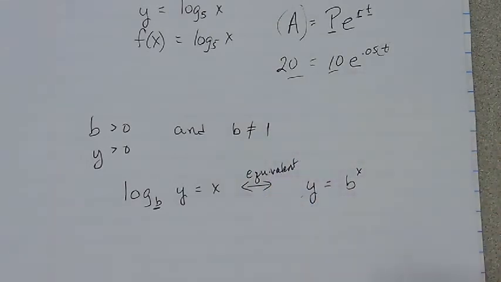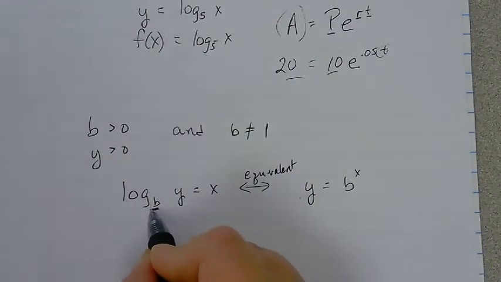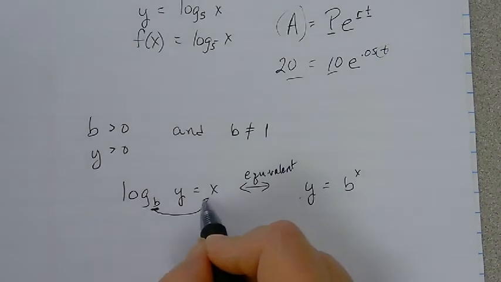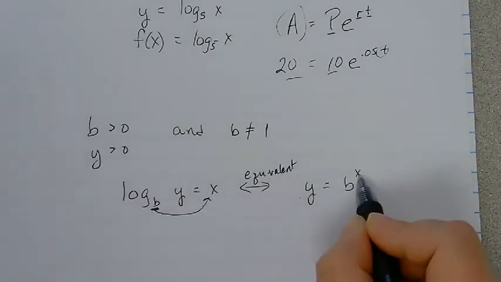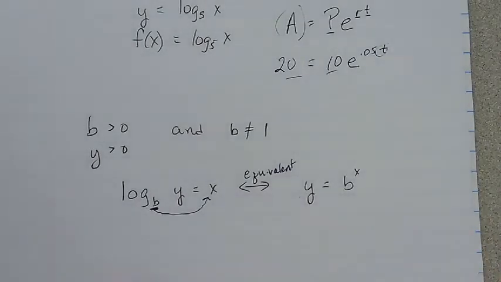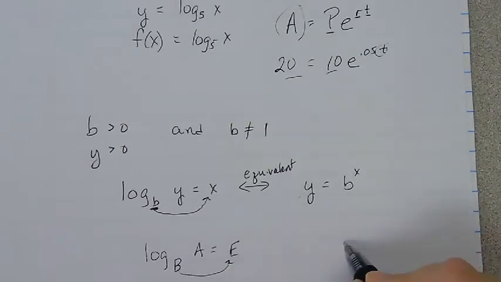And the way that I think about moving this is, this is the base, so it becomes the base on the other side, and the x becomes the exponent. So I could have something like log base b of the answer equals the exponent. And I would say that the base to the exponent equals the answer.